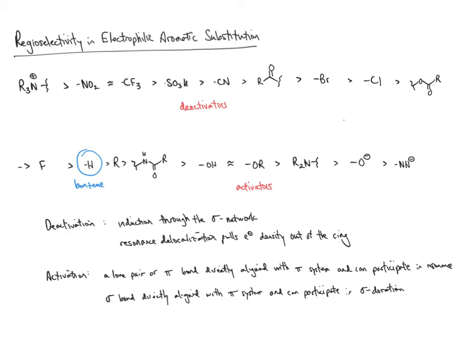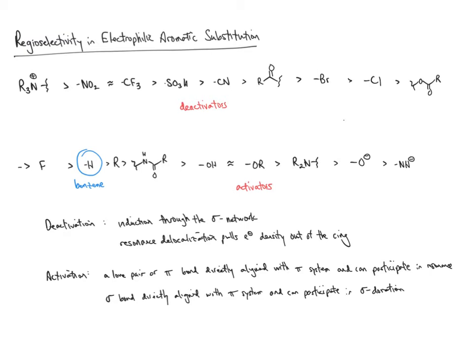And really, none of this tells us anything about where an electrophile will substitute if these groups were already on the ring. So let's say we were to take benzene, we were to put one of these functional groups on the ring. What would happen if we were to take those resulting molecules and then react them again with an electrophilic aromatic substitution reaction? Where would the substituent go?